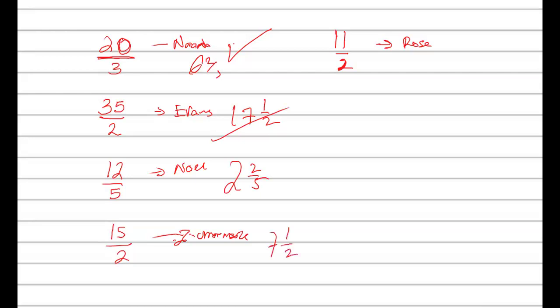Then what about Ruth? I've got whole number 5, 1 over 2. 5, 1 over 2. Yep, okay, good. So now I'm happy that you guys can actually do that. You can also convert a mixed number back to an improper fraction.